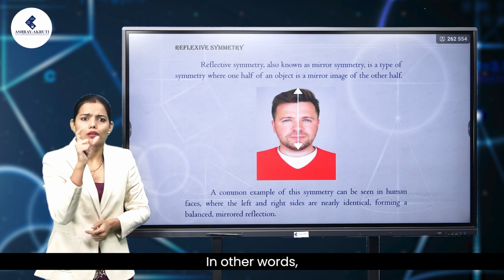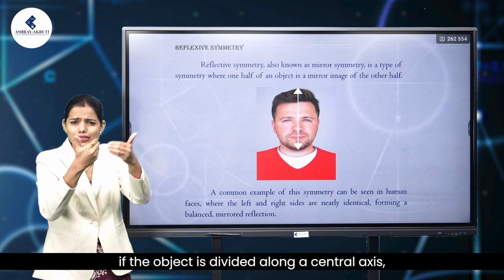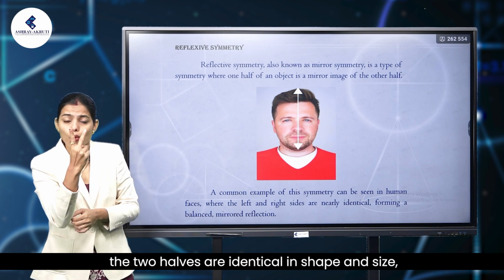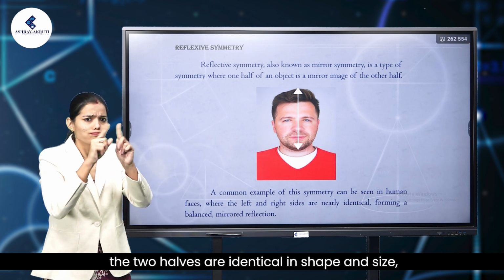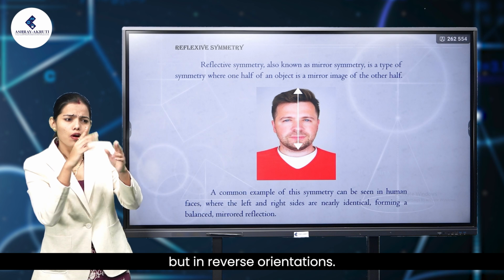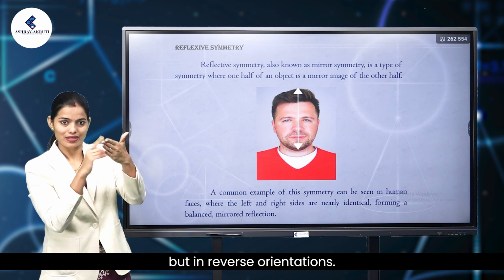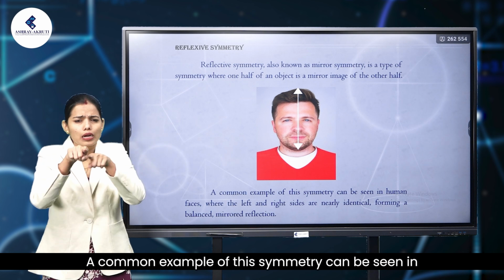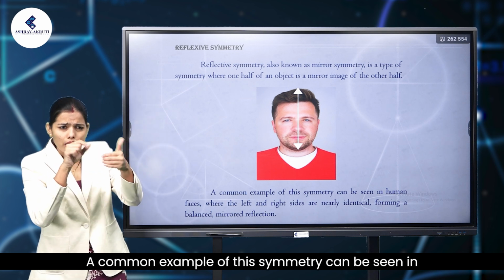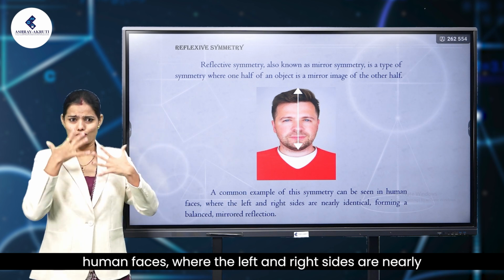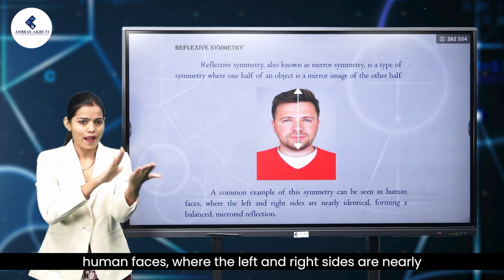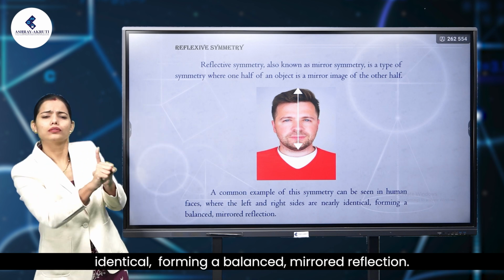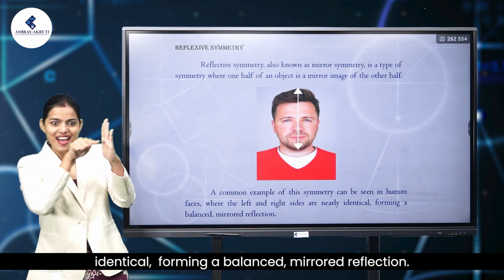In other words, if the object is divided along a central axis, the two halves are identical in shape and size but in reverse orientation. A common example of this symmetry can be seen in human faces, where the left and right sides are nearly identical, forming a balanced, mirrored reflection.